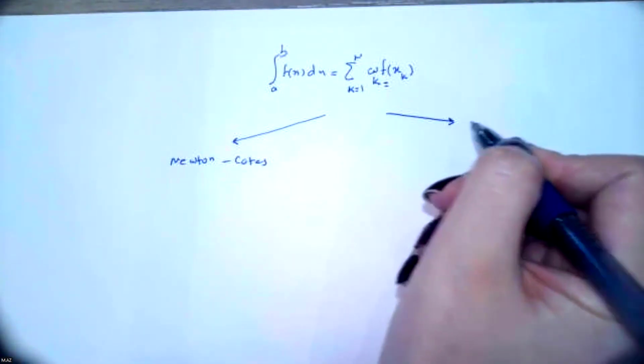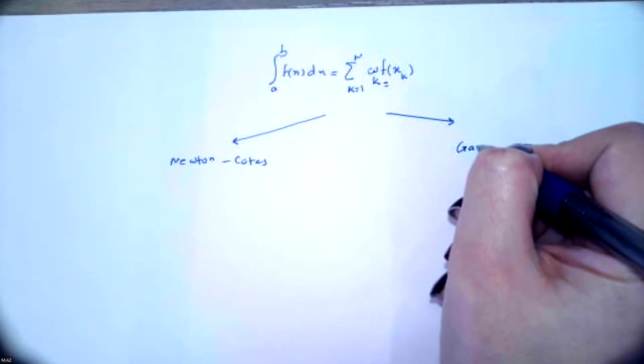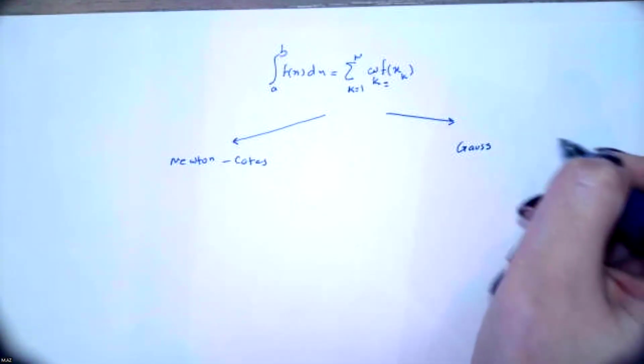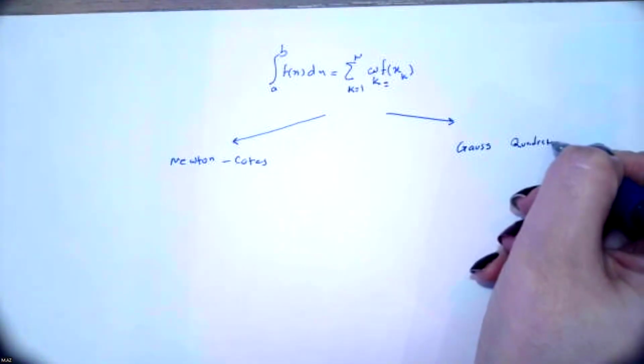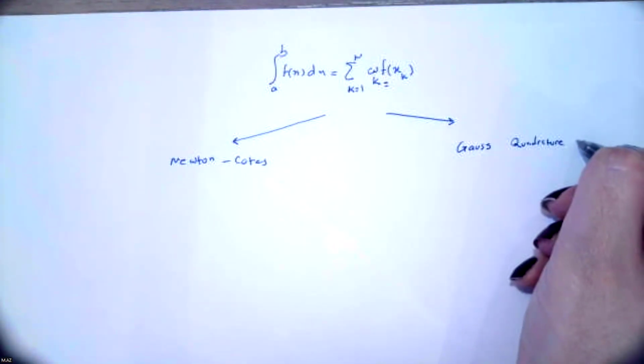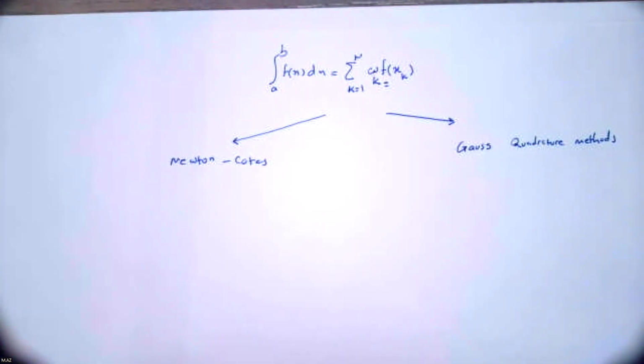Another category is the Gauss rules, the Gauss quadrature methods. We have different methods for the Gauss rules. And in the last video, we talked only about the Gauss-Legendre rules.